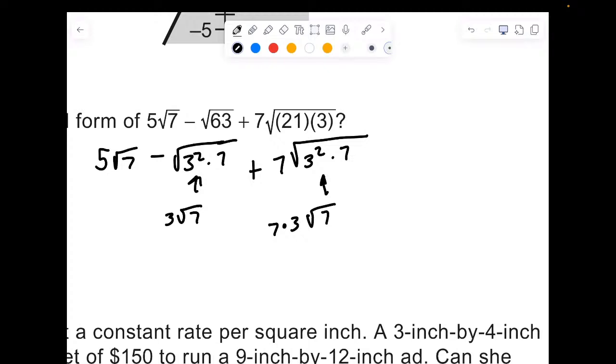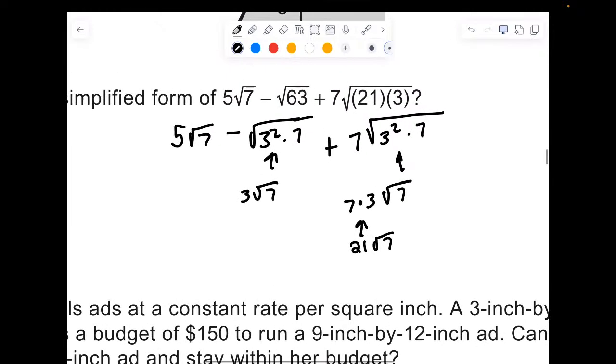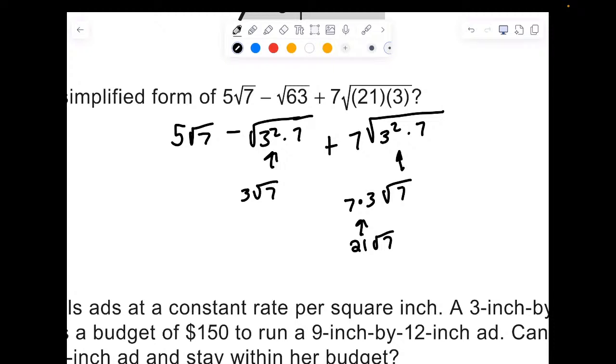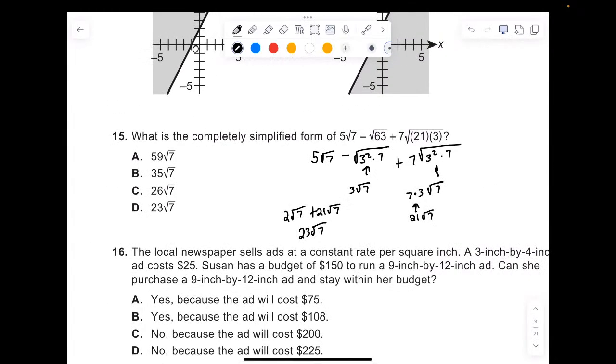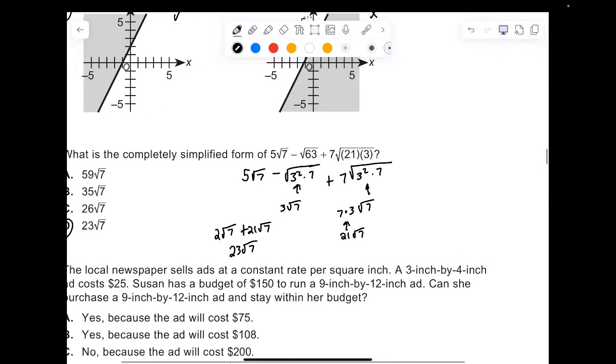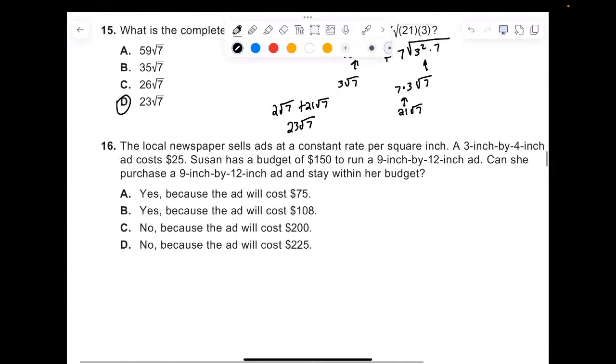And then 7 times 3 is 21. I'm going to double check that. That seems weird. And then we can add these together. So 5 minus 3 is 2 root 7 plus 21 root 7. Okay, that's an answer. Right? Yeah, that's correct.